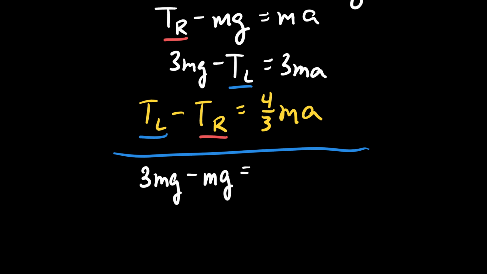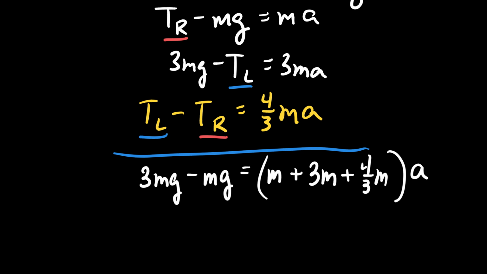Now, the right side, we're just going to add everything together. I'm going to factor out the A, so we have M plus 3M plus 4/3 M, all times A. I leave it like this for at least this step to show you guys that anything that had inertia in the problem should show up here.